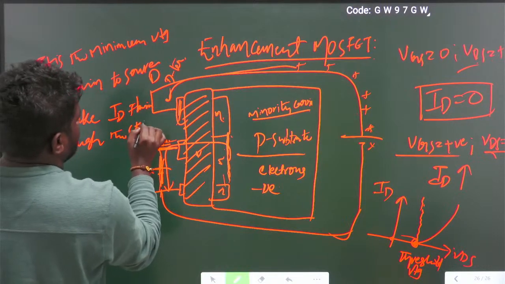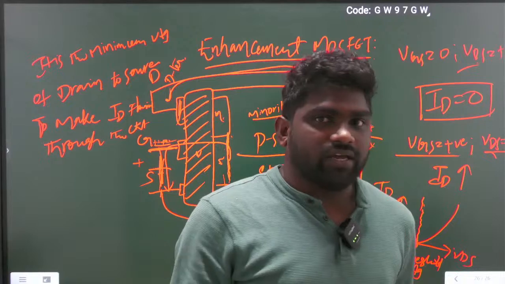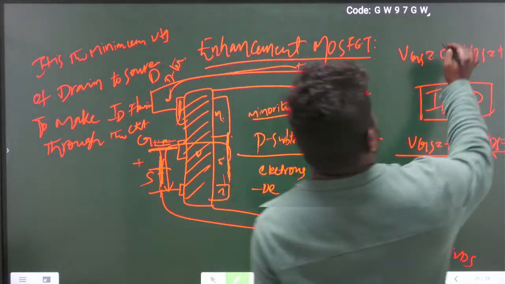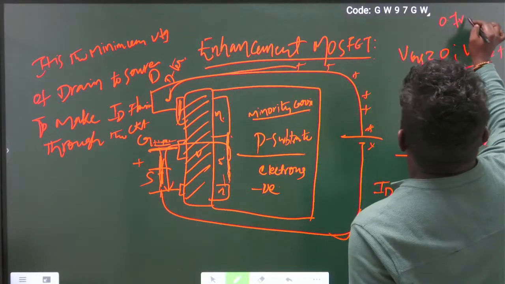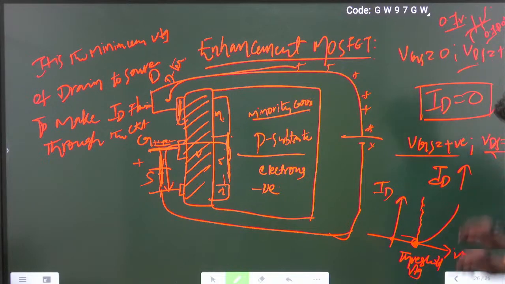It's like the PN diode voltage, the potential barrier. In a PN diode we have 0.7 volts, and only after 0.7 volts does the diode start conducting. Like that we have threshold voltage in enhancement MOSFET. After the threshold voltage only, the MOSFET starts conducting.